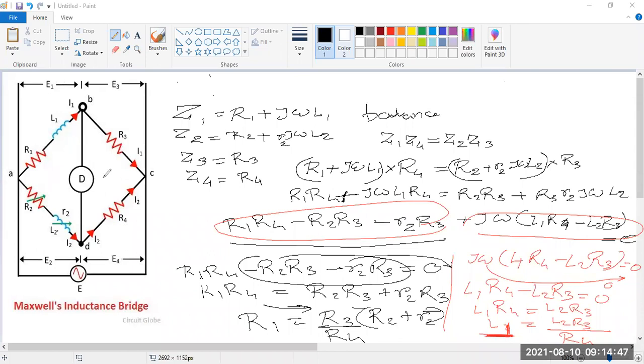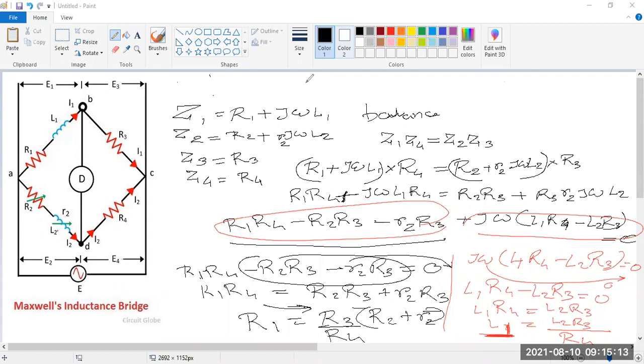Look, here other arms are not there. If you go for a De Sauty bridge or Anderson bridge, there you can find another arm. But this is a simple four-arm bridge, and we can find the Phasor diagram. Step by step, we have to learn how to draw it.